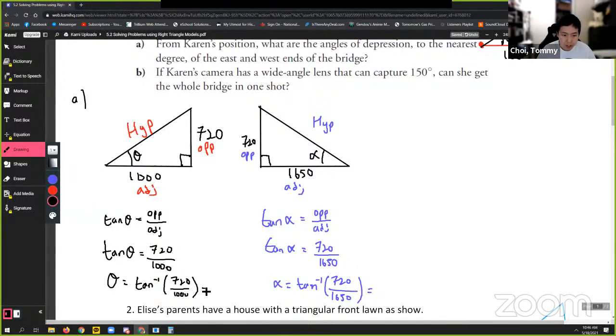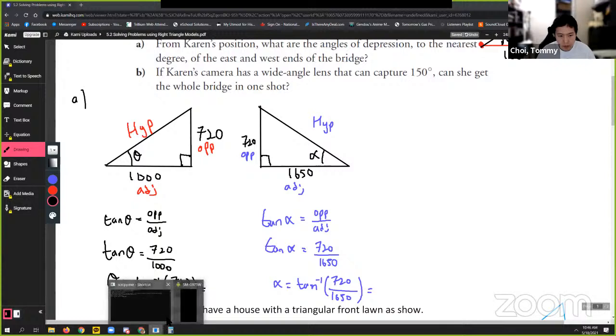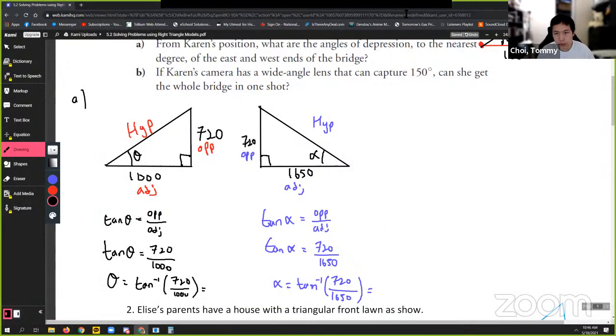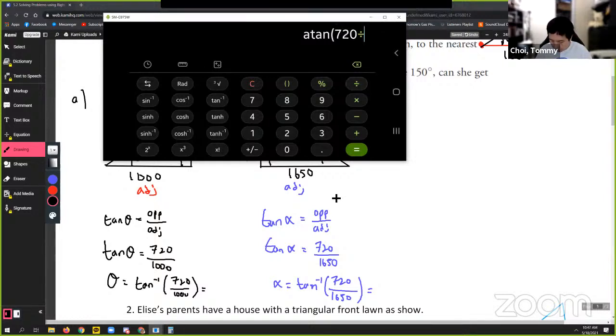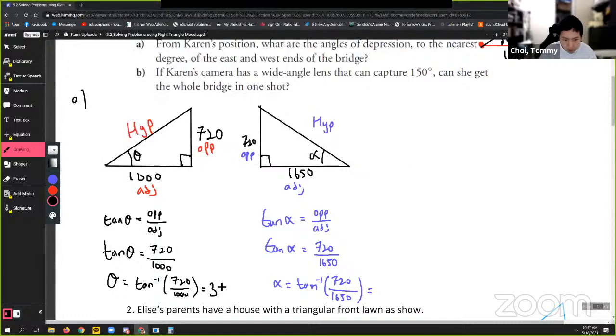And let's type this in on a calculator. So plugging it into my calculator here. Oh, 1 second. It is locked. Okay. So tan inverse of 720 divided by 1000. And I get 35.6 for theta.